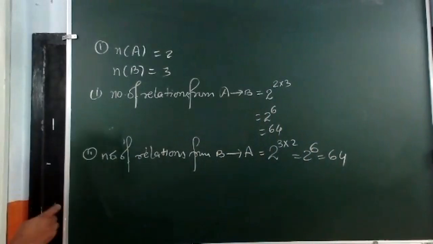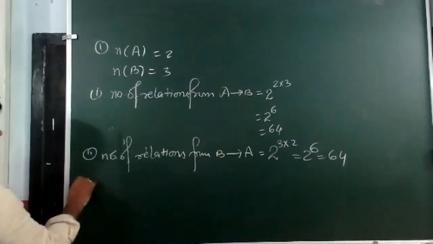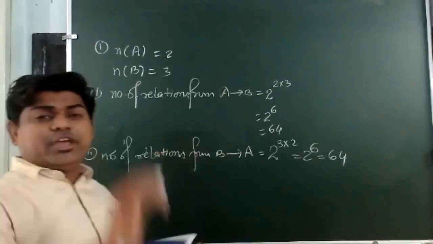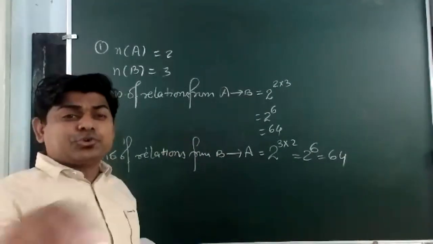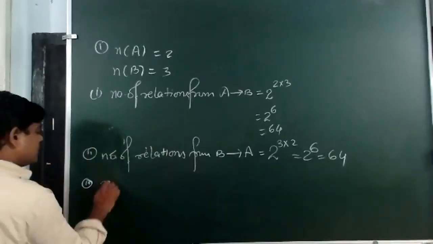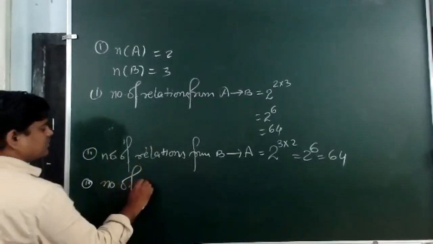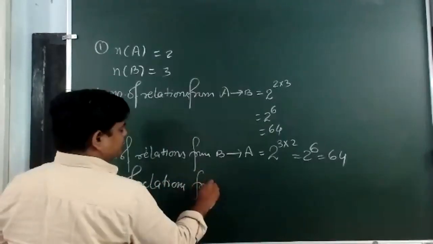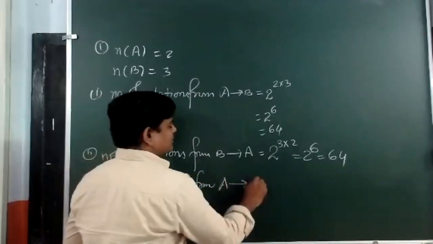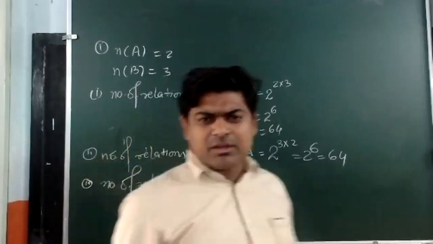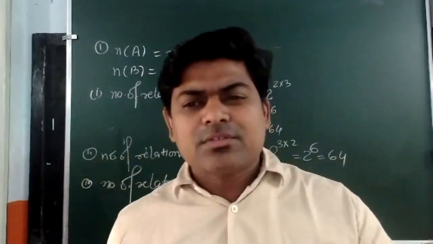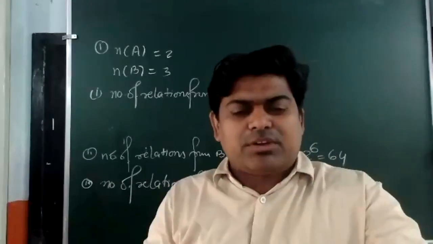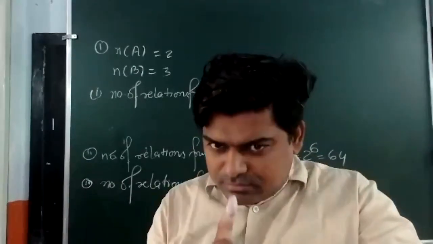And now the third part is there. A to A, number of relations from A to A. What is the meaning of A to A? A to A means X and Y both belong to A if (X, Y) belongs to R. That is the first thing.